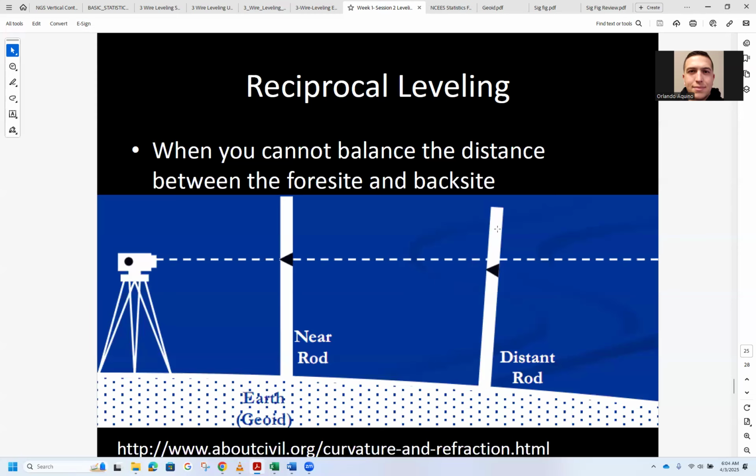But in reality, let's say the distance between your two readings was 400 feet and you decided to set up 50 feet from your foresight, when in reality you should have set up 200 feet. This could result in errors, as shown in the picture or illustration of it.